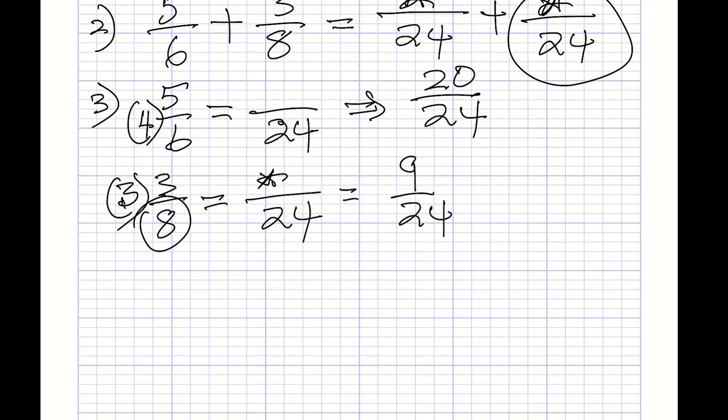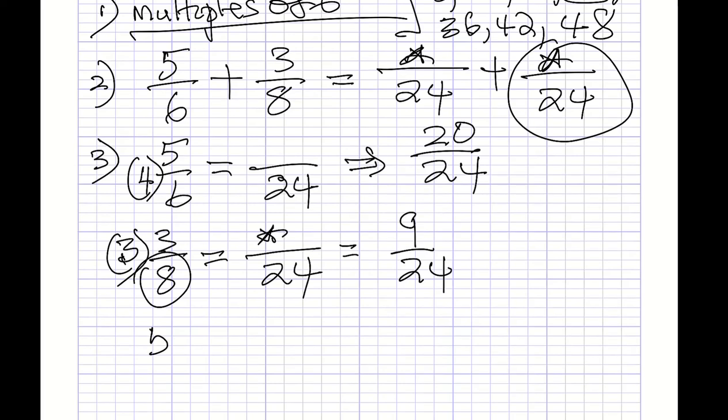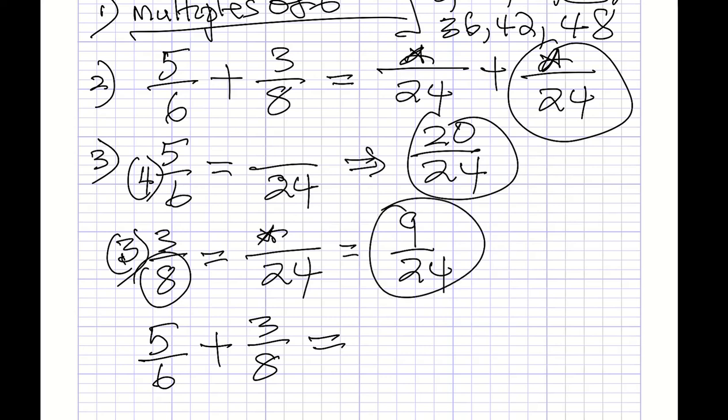Basically, you have found the common denominator. Then you say that 5 over 6 plus 3 over 8 is the same thing as 20 over 24 plus 9 over 24.